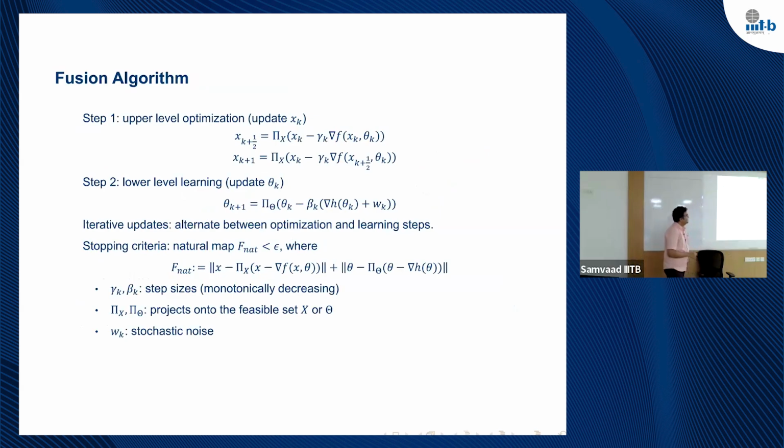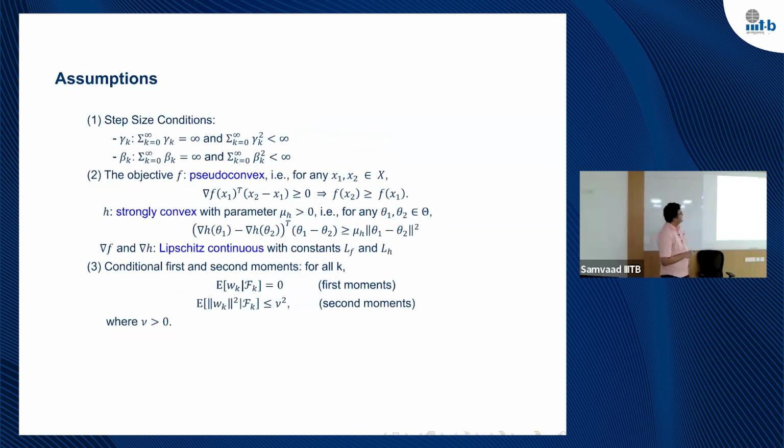There is some error with respect to my learning problem, which is wk. You update your theta k, or rather you update your learning parameters, based on projected gradient descent for any of these methods. And you go to theta star and you update your xk based on this. So this is a back and forth approach. We've been able to show theoretically that under certain conditions of pseudo-convexity, not convexity, pseudo-convexity, which is very common in optimization of ratios.